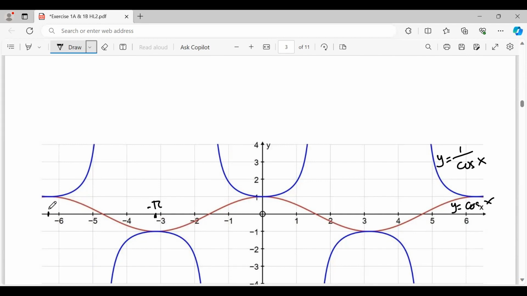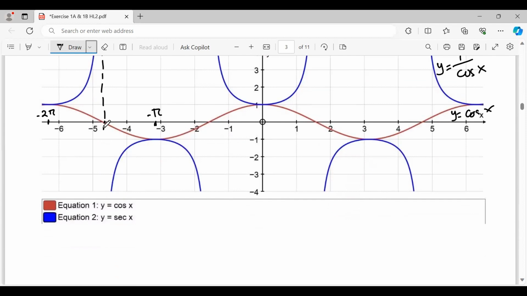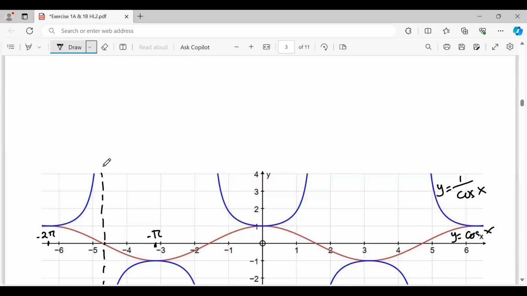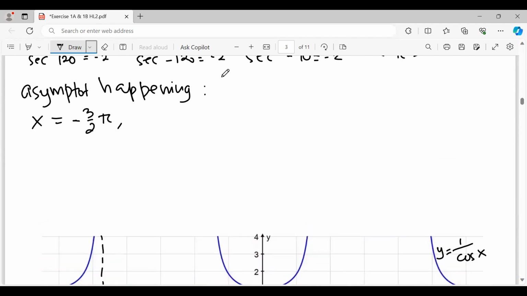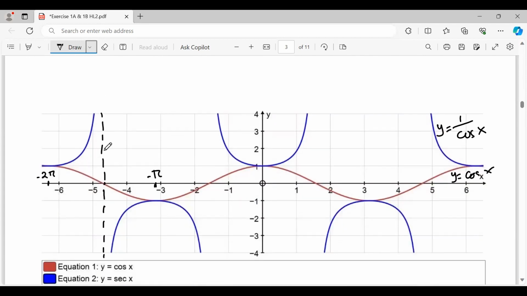This is -2 pi. Yeah, asymptote here. So we can sketch the asymptote. And after that, the asymptote happens on -1/2 pi. Why does the asymptote happen on this pi?